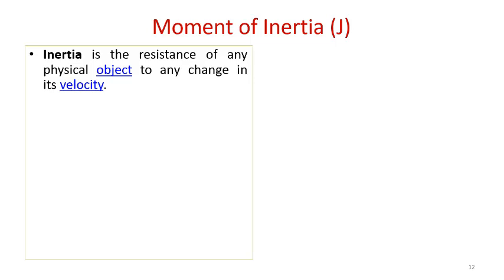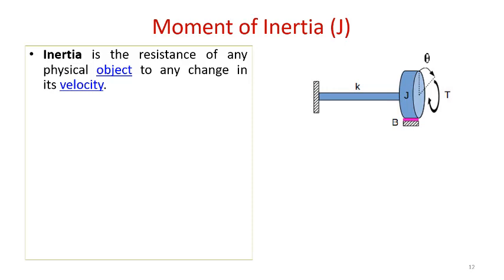So if we take an example of this disc which is going to rotate about its axis, if there is any resistance offered by this disc to change in its velocity, then we call it moment of inertia, or we also call it polar moment of inertia.